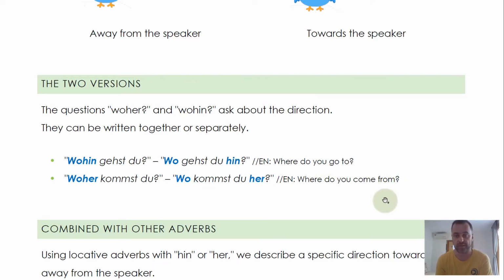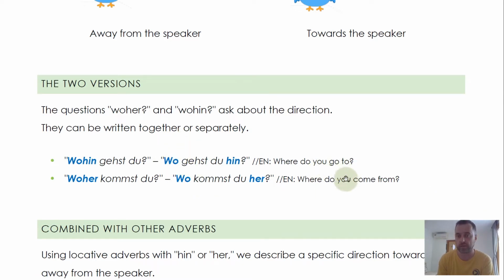You can see here the separated version is very similar to English, but the concept is different. So it looks exactly the same. The difference between those two is that here we have the direction included in the question word already. Here we have it as the prefix of the verb gehen. Hingehen means to move towards the direction. And then we use just wo here.